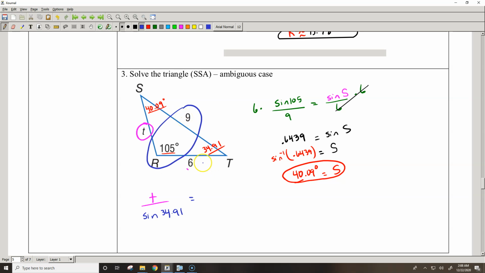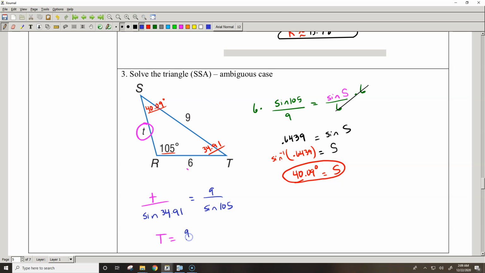In this case, I'm going to use the original one, which would be equal to 9 over the sine of 105. So now if I solve this, I have T is equal to, I'd have to multiply by sine 34.91 on the other side of the equation.